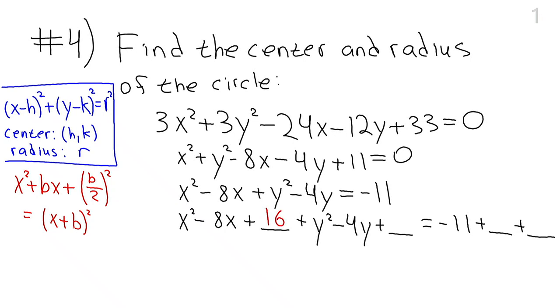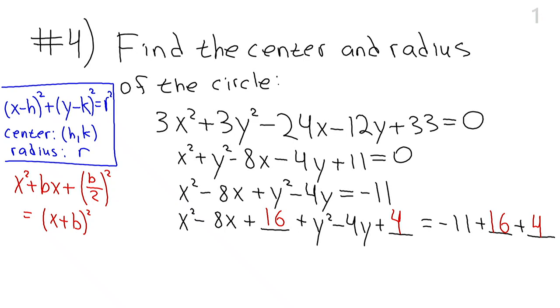16 to both sides. So if I add 16 to one side, I have to add 16 to the other side. Now I do the same thing with the y's. I have y squared minus 4y, and what I need to do is add a 4, that's negative 4 divided by 2 and squared, and I have to do the exact same thing on the other side.